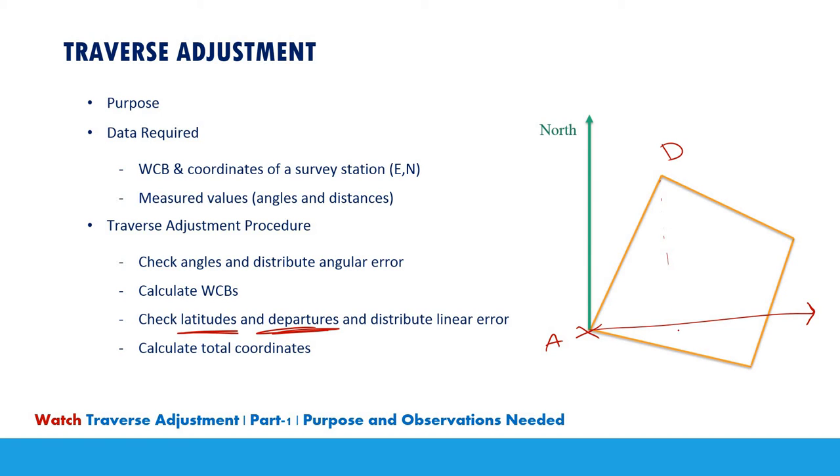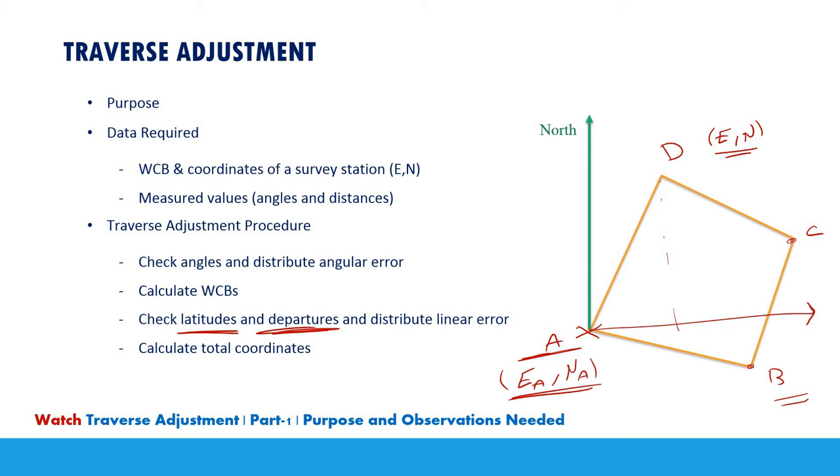The aim of the traverse was to calculate the coordinates of these stations: easting and northing of D, easting and northing of C, easting and northing of B, etc. We will start from known coordinates. For example, if you know the easting of A and northing of A, how do you calculate the coordinates for B, C, and D? Just a quick idea now.